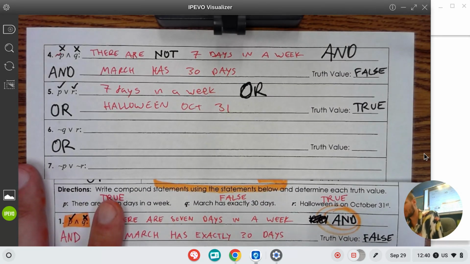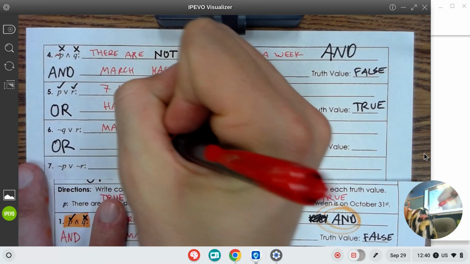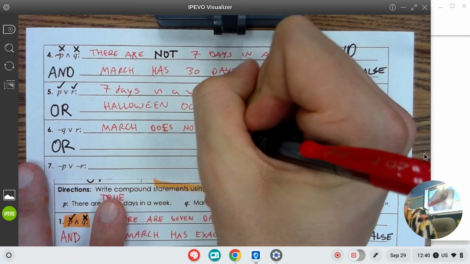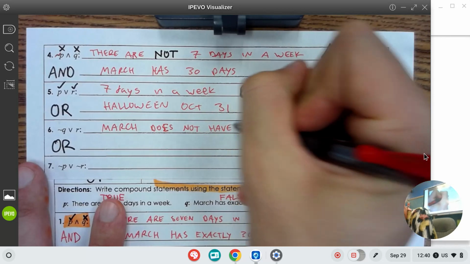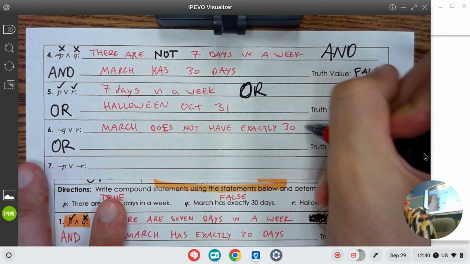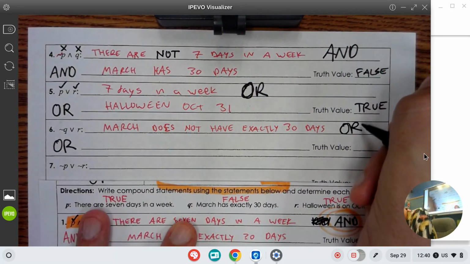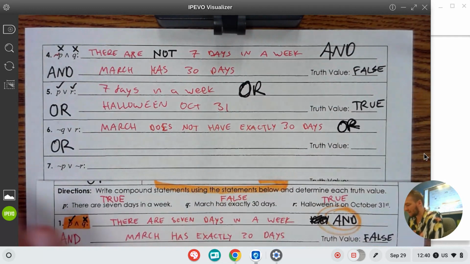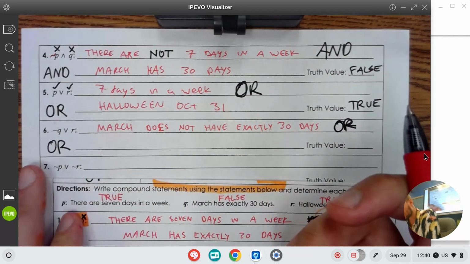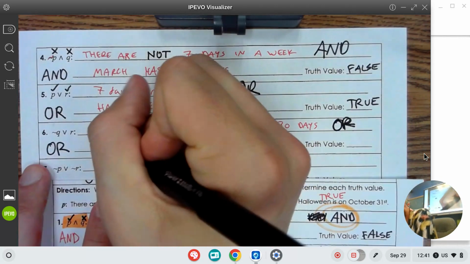So not Q is, March does not have exactly 30 days. We have our or for our compound, I should say. And then we have plain R, that's our Halloween one.